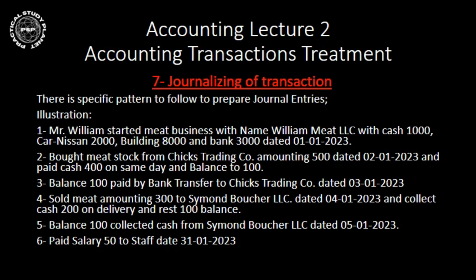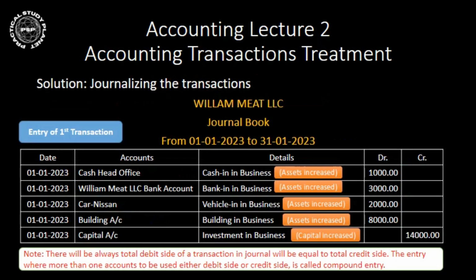Balance 100 collected in cash from Simon Butcher LLC, dated 5th Jan 2023. And the last transaction: paid salary 50 to the staff, dated 31st Jan 2023. Here you can see that. Now see the solution for that illustration.